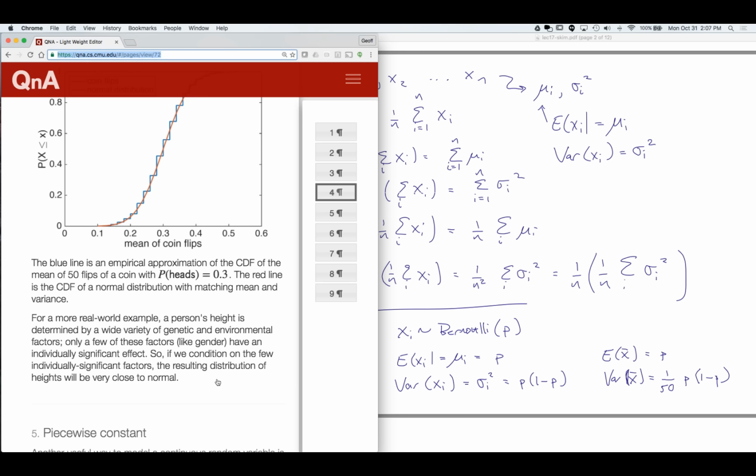So if you get rid of those individual factors by, let's say, selecting people for whom they're all the same, for example, selecting people who are all male so that gender doesn't influence height, then the resulting distribution over heights is going to be really close to normal.